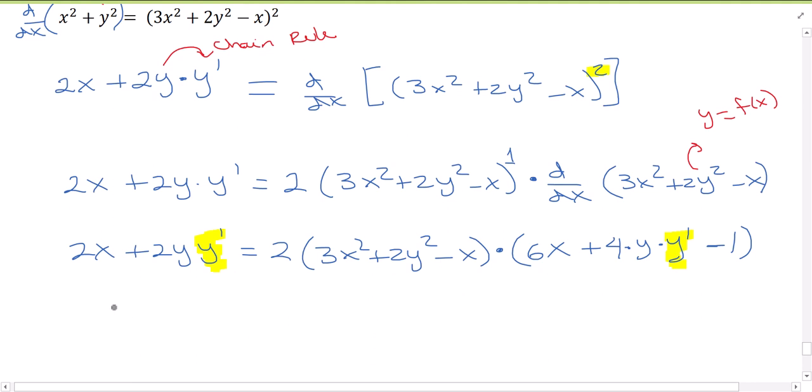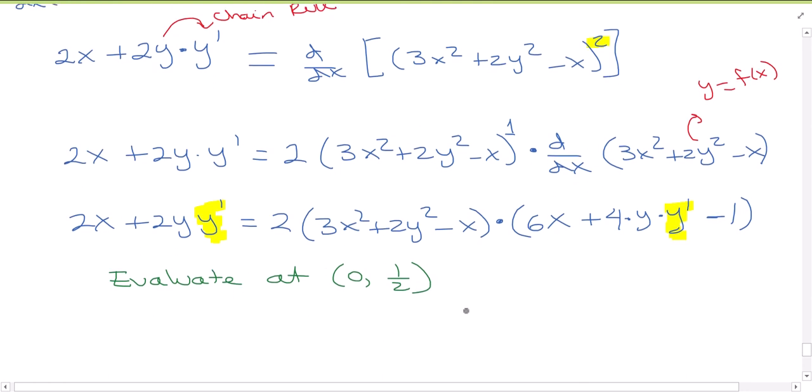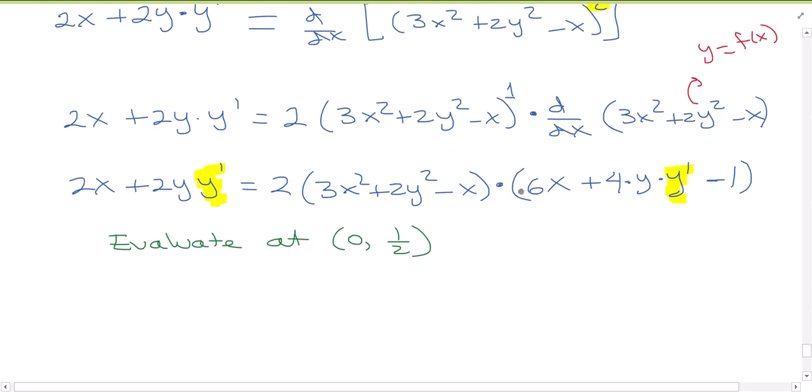What we're going to do is evaluate at our point, because then the x's and the y's will be numerical values and we can work with that. So instead of trying to solve for y prime as a function, we're just going to plug in our values and see what we get. So evaluate when x is 0 and y is 1/2.